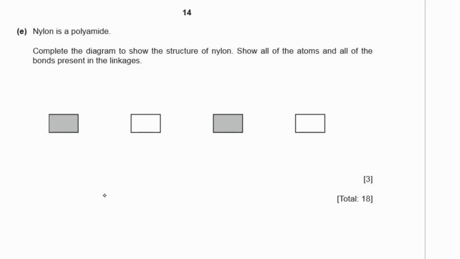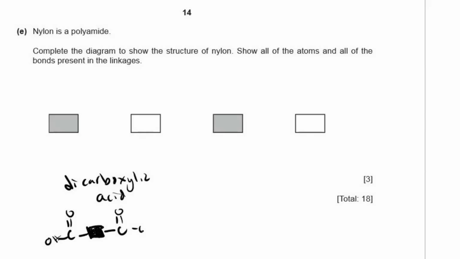Okay, so remember, to create nylon, you need a dicarboxylic acid, okay, and that is, we're going to do that with the colored in square. We have our colored in square. We have on each side a COOH, plus a diamine, which we'll do with the hollow square, and that's NH2.